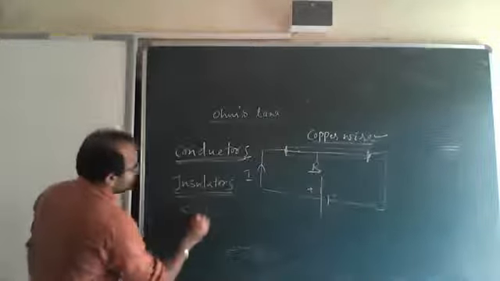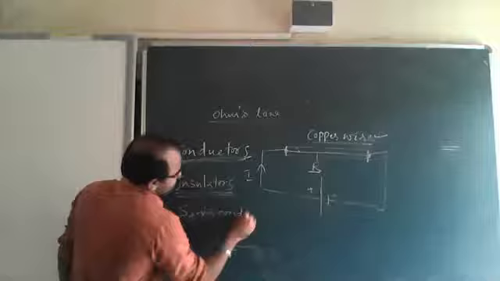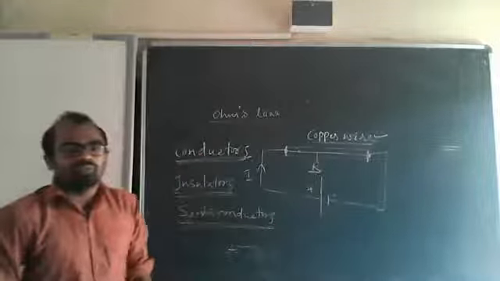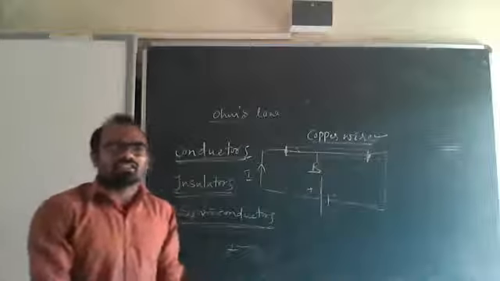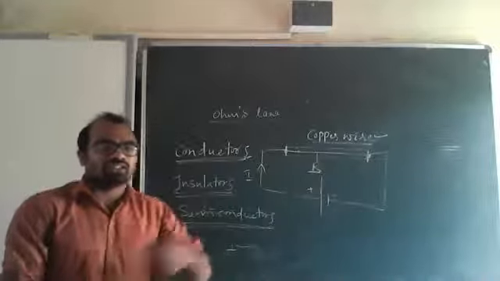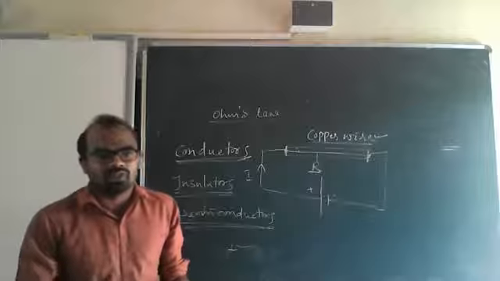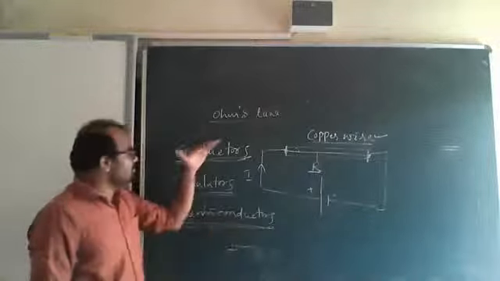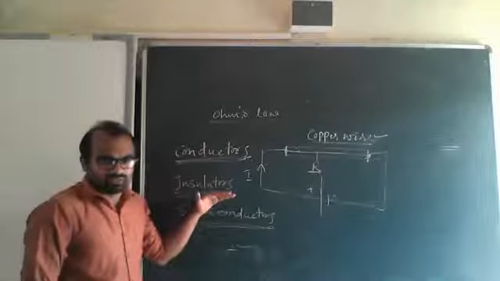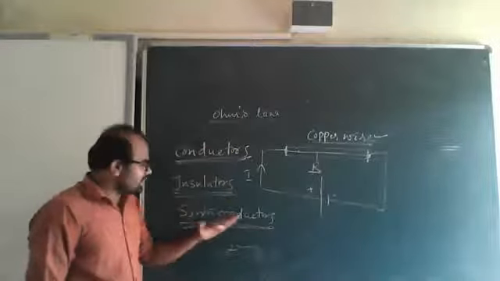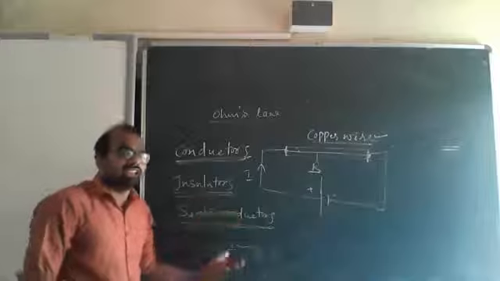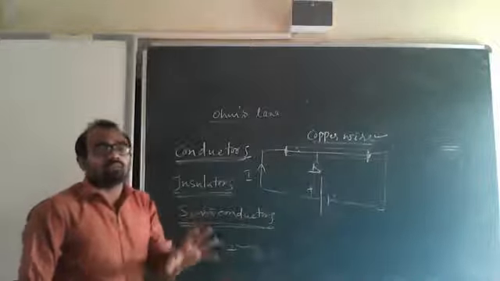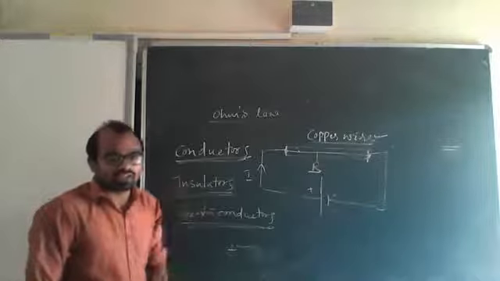And the third one is semiconductors. Semiconductors are the ones which conduct electricity sometimes and do not conduct other times. Means the conductivity of these materials is in between conductor and insulator. Here the resistance can be increased or decreased, depending upon the situation of the electric circuit.